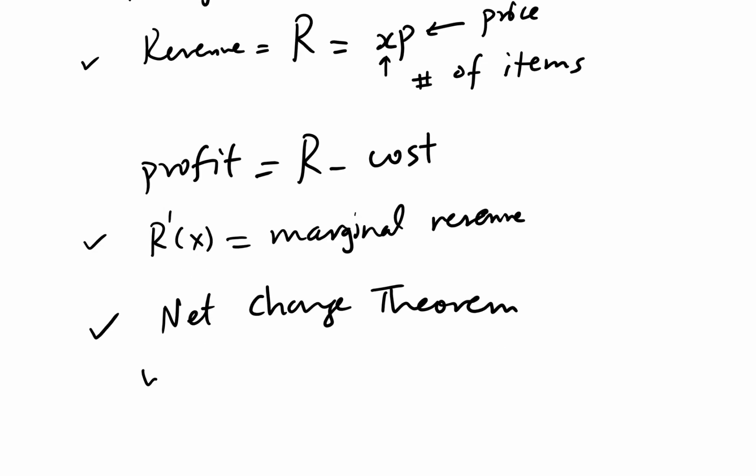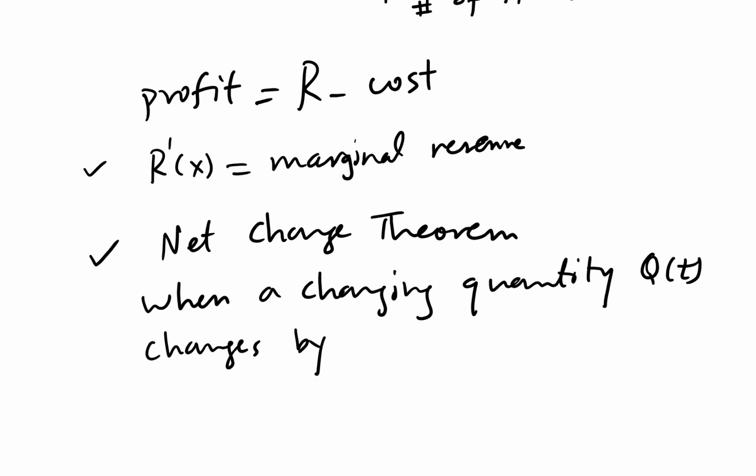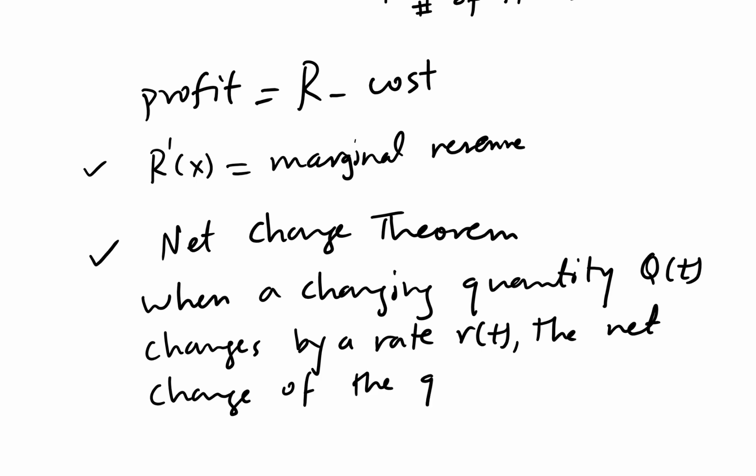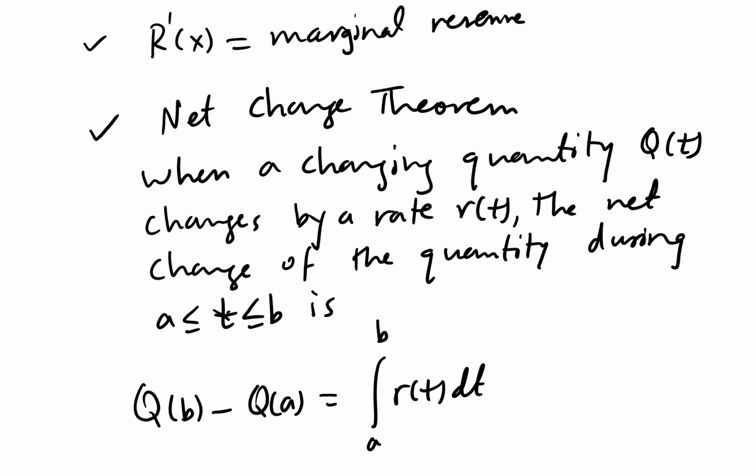The net change theorem says, as an application, when a changing quantity Q of t changes by a rate R of t, the net change of the quantity during the interval from a to b is given by Q of b minus Q of a equals the integral from a to b of R of t dt. That's called the net change theorem.